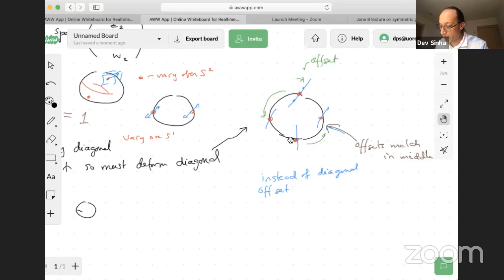So in other words, the red points, let me draw it consistently, the red points are fixed. The blue lines are just elements of RP2. Again, this must be deformed.